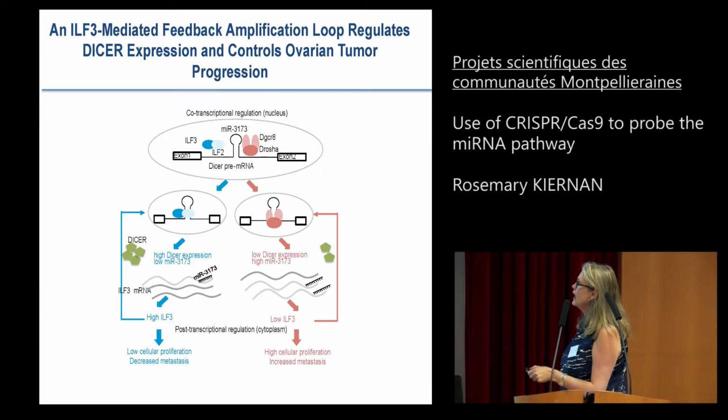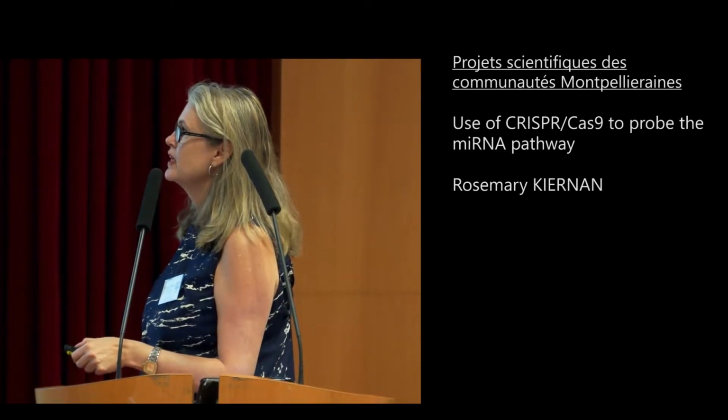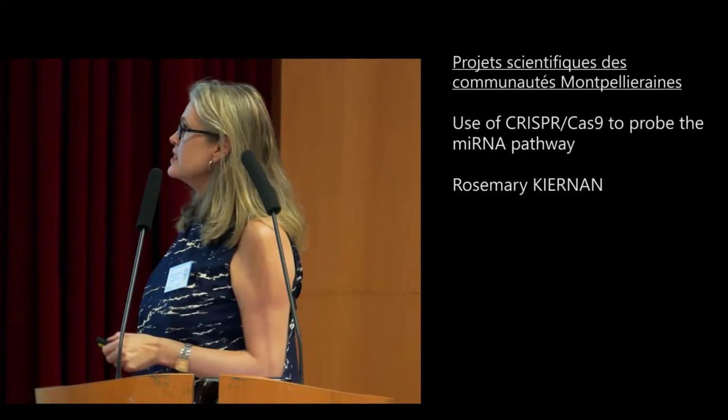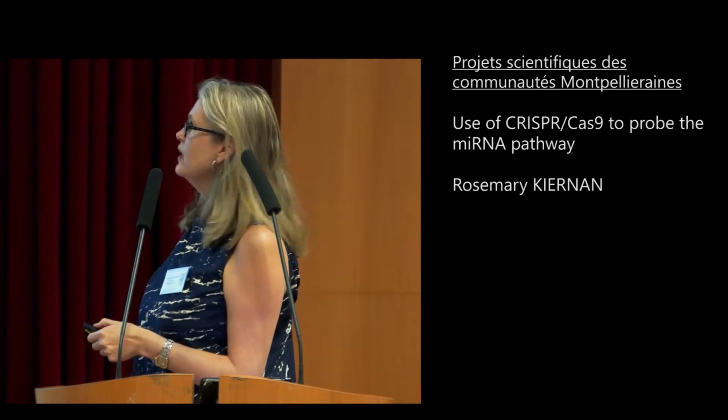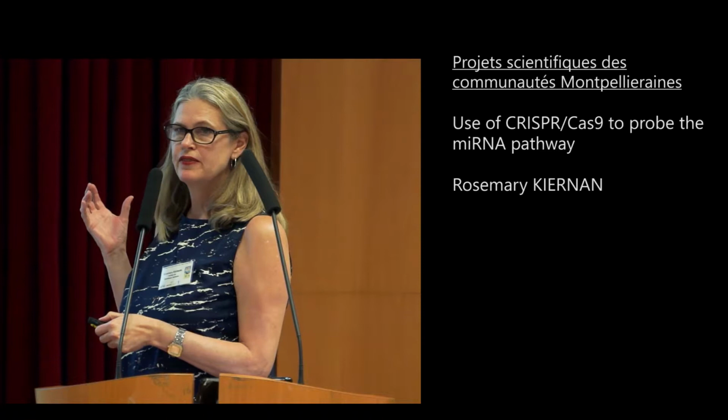On the other hand, if this factor is abundant, we induce an amplification loop that promotes high DISA expression and controlled growth of the cells. So this is a fairly complex model, and we really wanted to prove our model.